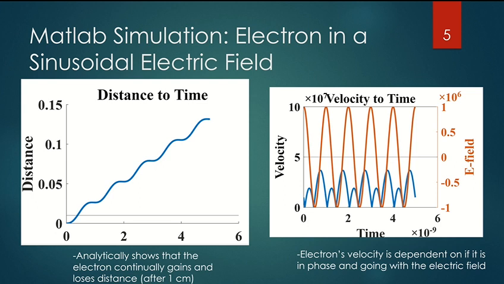So what this shows is that the electron's velocity is actually dependent on if it is in phase and going with the electric field. So at the start of this, it may not be exactly in phase with the field yet, which is why that gain it makes isn't exactly up to its max. But the minute it gets fully in phase with that electric field, it reaches its max velocity.